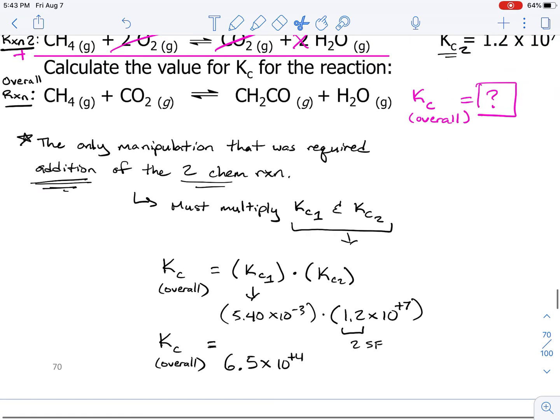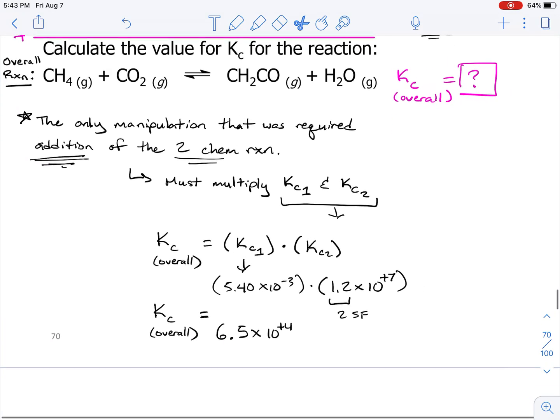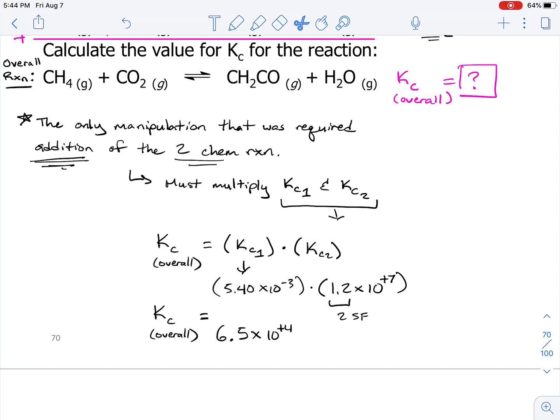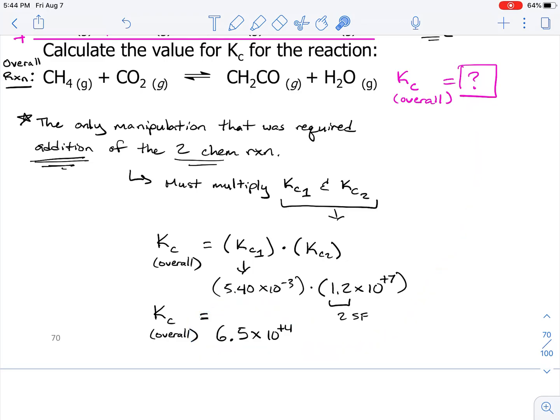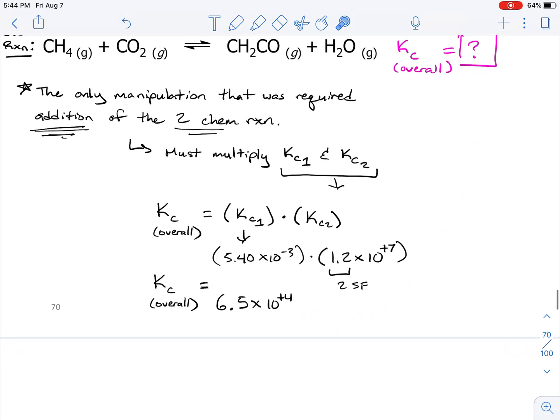And so overall, what is this telling me? This is telling me that if my overall chemical equation is methane reacting with carbon dioxide to produce this substance plus water vapor, the equilibrium constant for this specific chemical reaction is going to be 6.5 times 10 to the positive 4. And so if you recall, I'm just going to link up a concept.